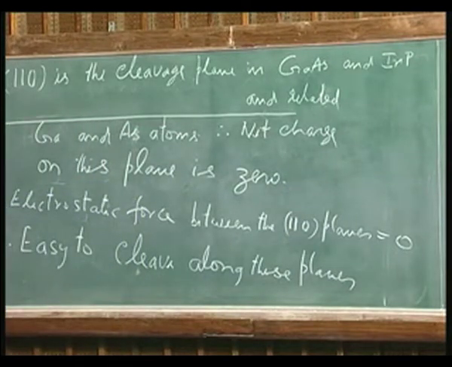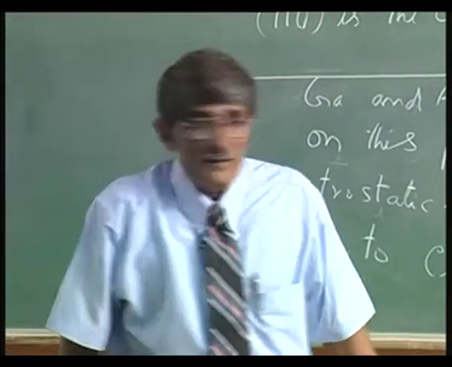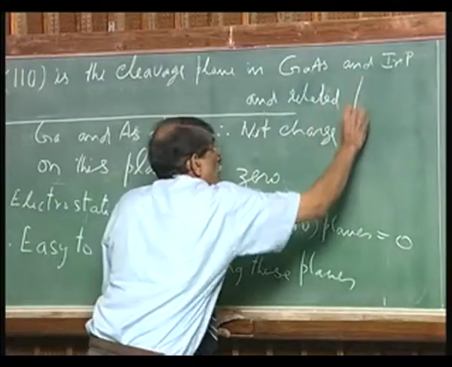Ternary, when you make gallium indium arsenide, that has a cleavage plane which is equal to 110, and the related planes, related compounds.